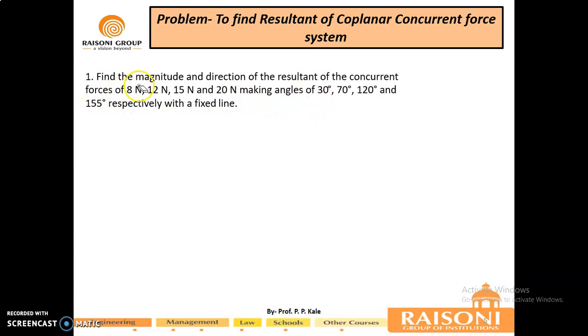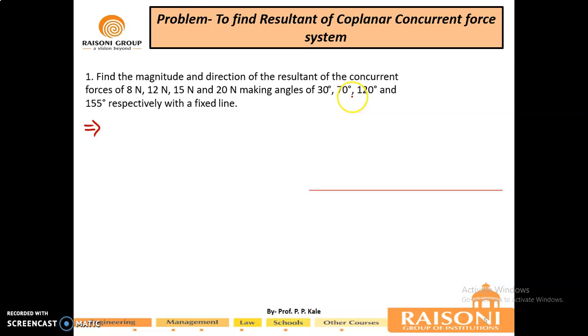After reading the question we will start making its diagram. You have to find the magnitude and direction of the resultant of the concurrent forces which are acting on a particle as 8 Newton, 12 Newton, 15 Newton, 20 Newton, making angles of 30, 70, 120 and 155 degrees respectively with a fixed line.